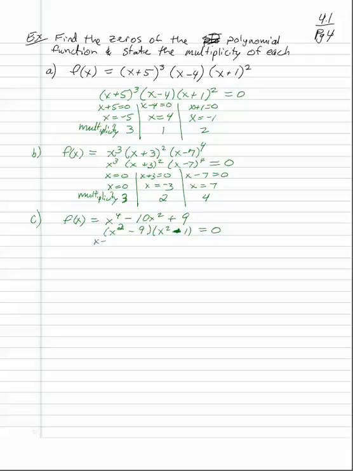Then this is x plus 3, x minus 3, x plus 1, x minus 1. So x equals -3, x equals 3, x equals -1, x equals positive 1. All of them have a multiplicity of 1.